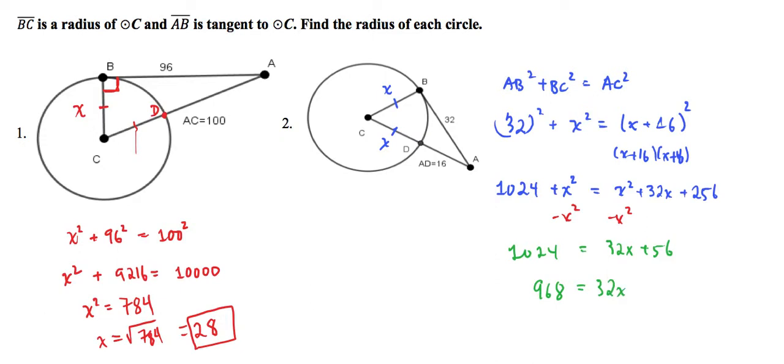And then what we want to do lastly is divide by 32, and 968 divided by 32 gives us 30.25. So the radius here is 30.25, and that is our final answer.